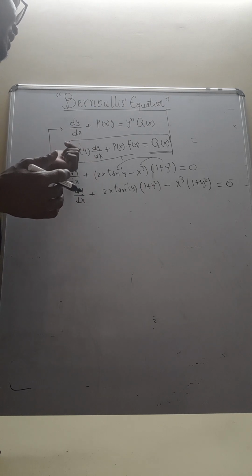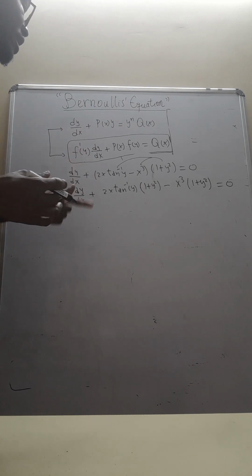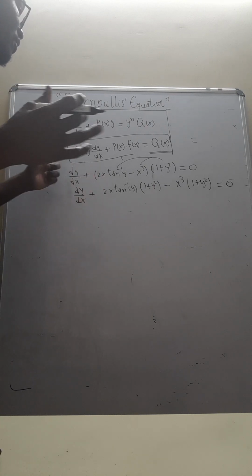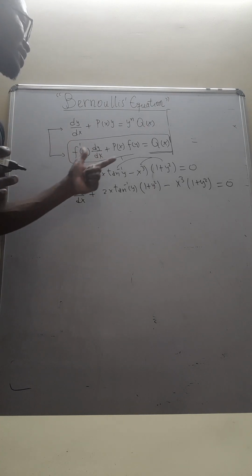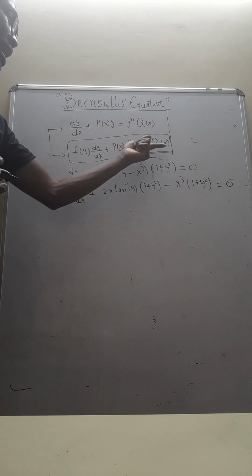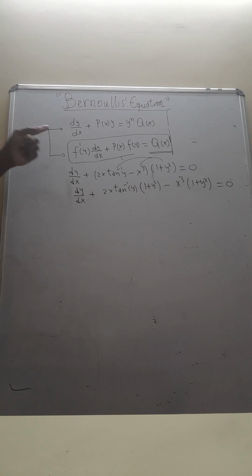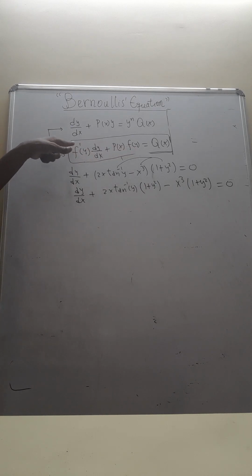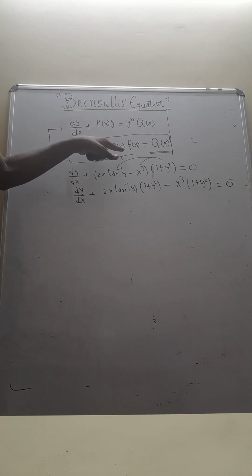So the next thing is you have to think of the general form of Bernoulli's differential equation. The general form of Bernoulli's equation is that you have to reduce the equation they gave you to this form. You have to find what f of y is, so that f'(y), the derivative of f of y, with dy dx must be in this form, and here you can have p(x) times f of y.